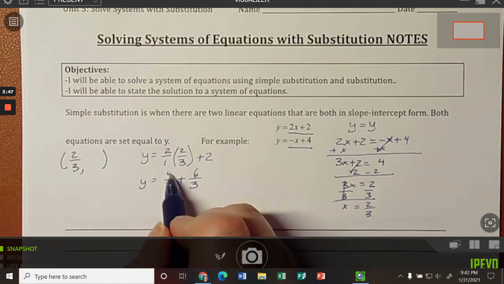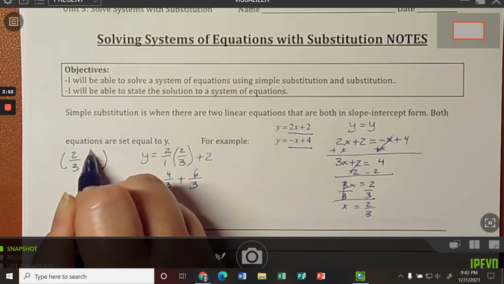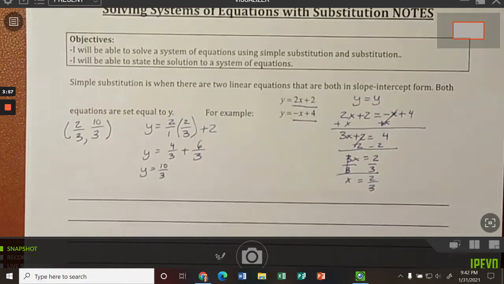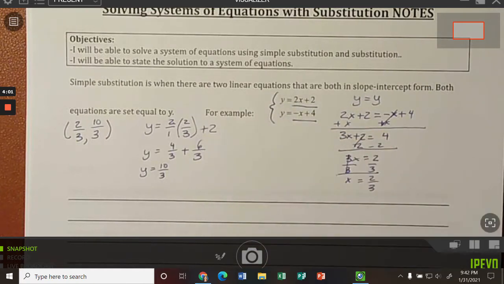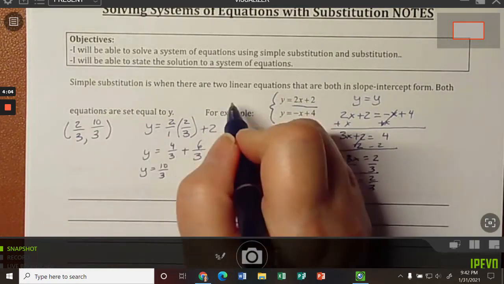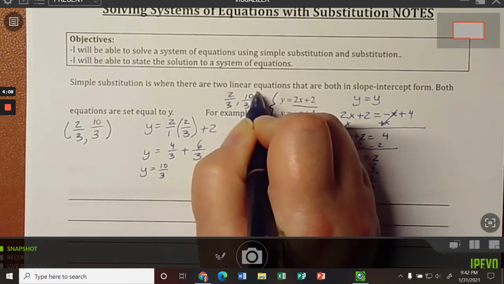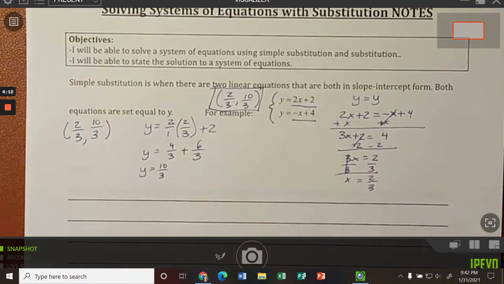So then I have 4/3 plus 6/3 is 10/3, so y is equal to 10/3. So the solution for this system is 2/3, 10/3. Okay, and we'll just box that answer.